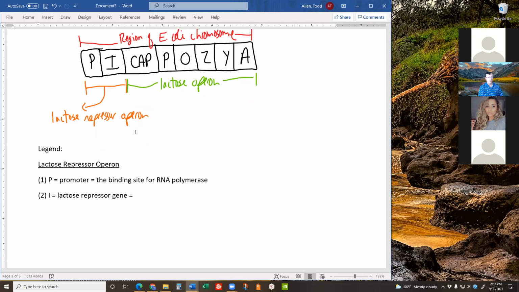The lactose repressor gene, okay? This is the DNA nucleotides, which represents the instructions to RNA polymerase to manufacture lac repressor messenger RNA.